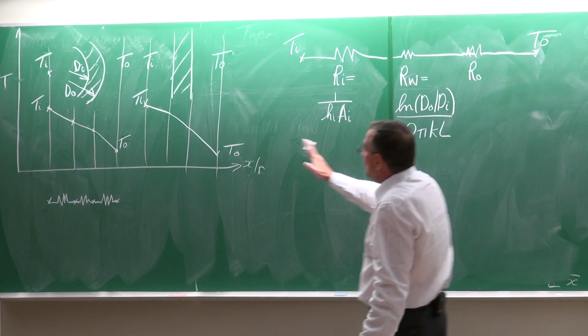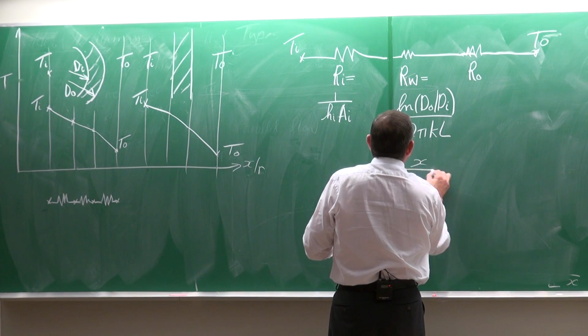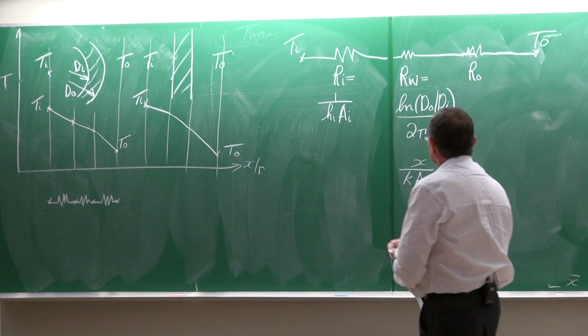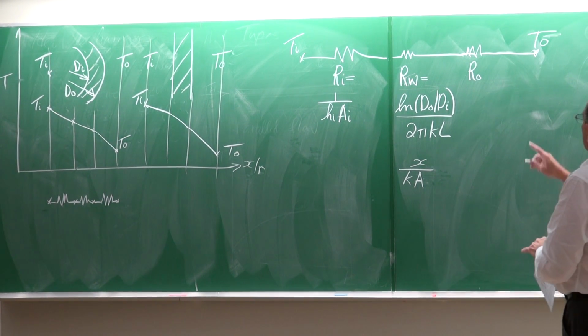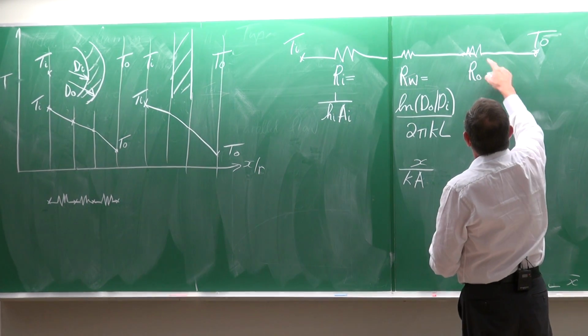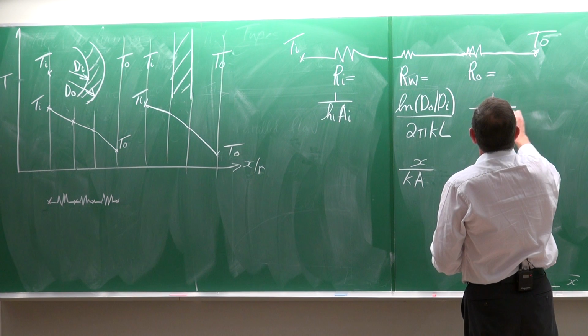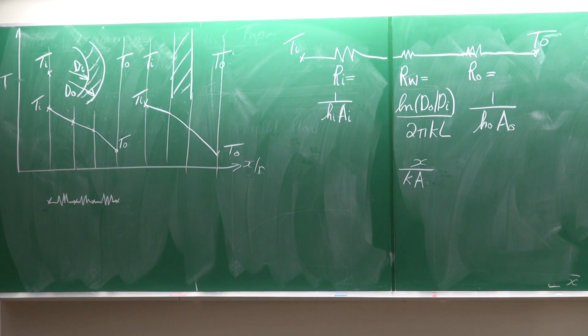Or, if it is a wall like this, it will be equal to x divided by k multiplied by the area of the wall. The resistance on the outside would be equal to 1 divided by the heat transfer coefficient on the outside multiplied by the area on the outside.